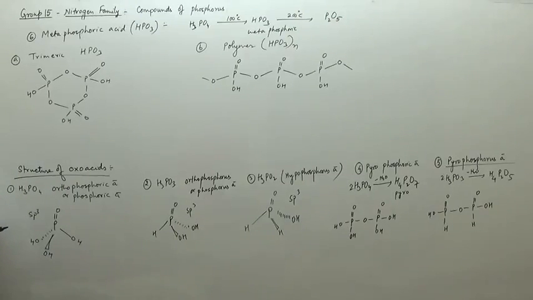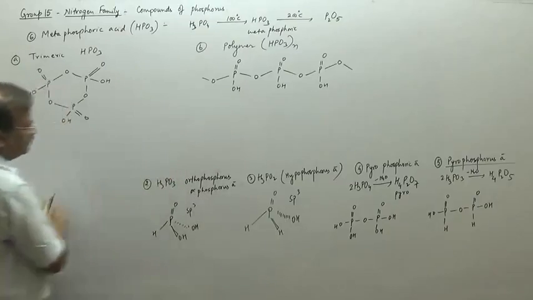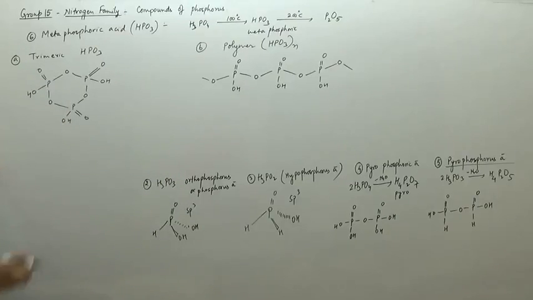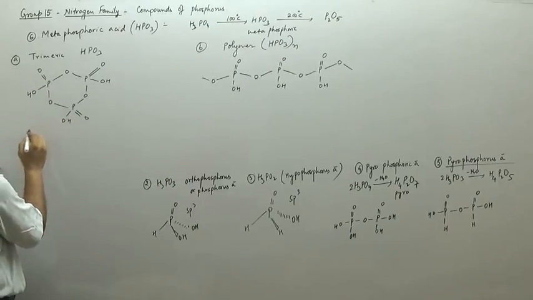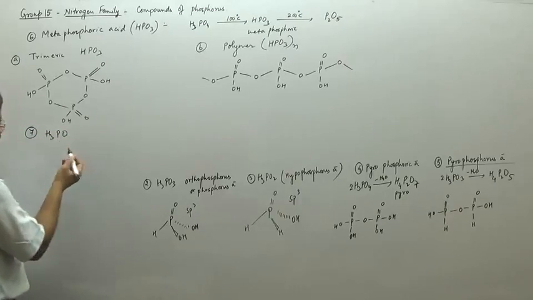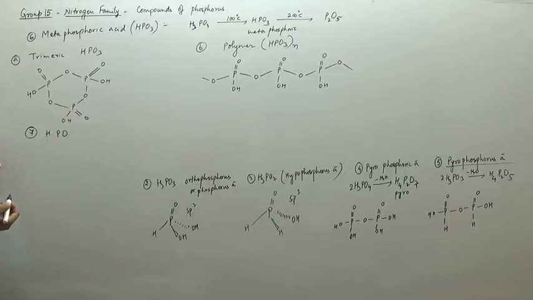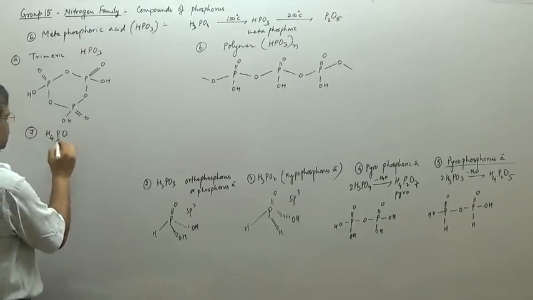One more we can write is hypophosphoric acid. We can say the structure is like this. It is H4P2O6.